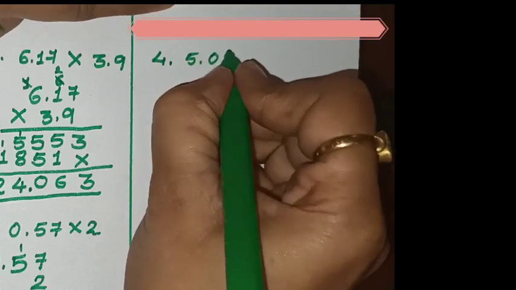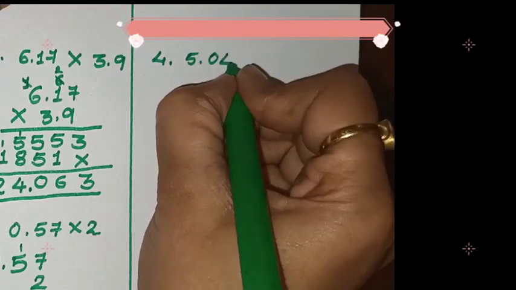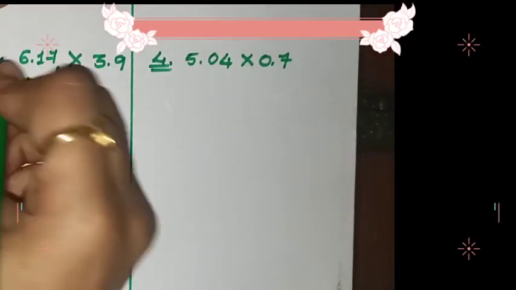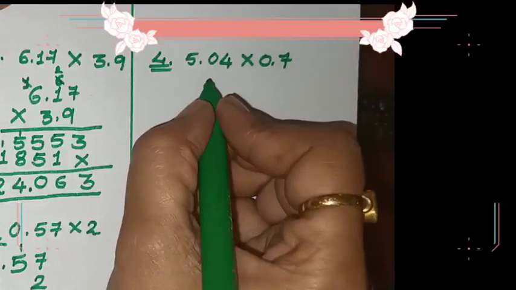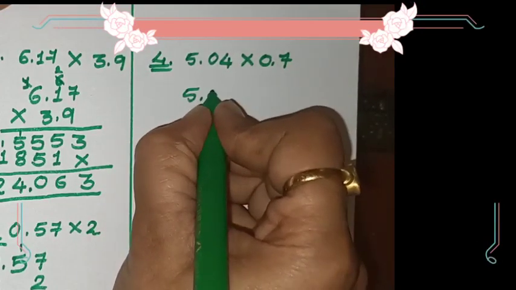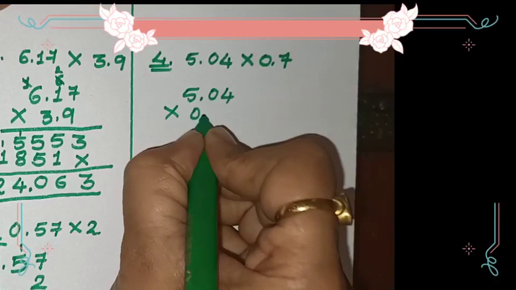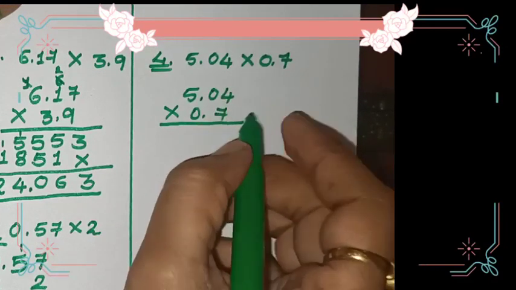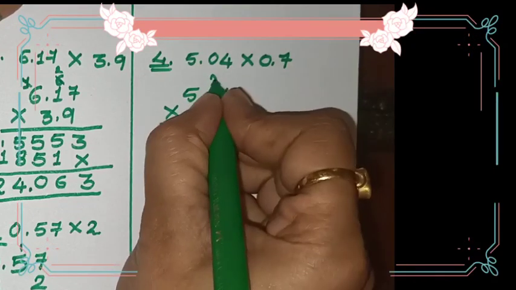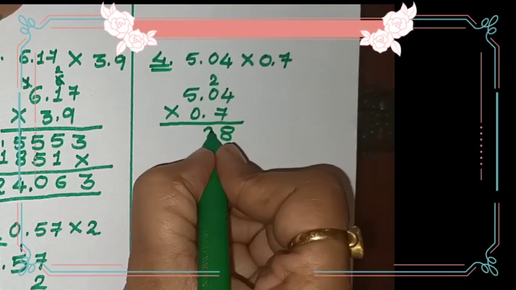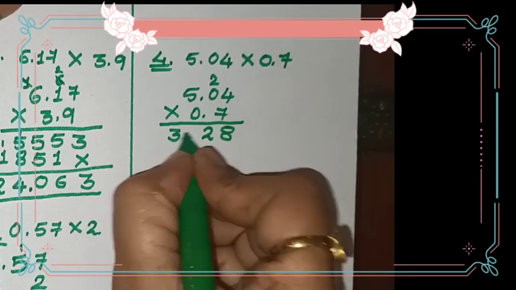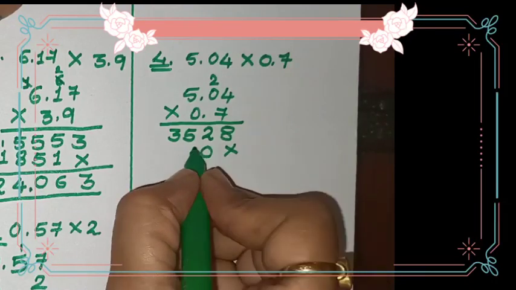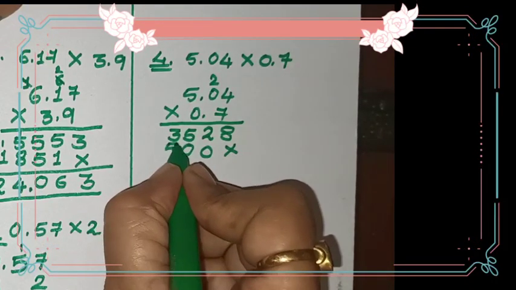5.04 multiplied by 0.7. So let us multiply 5.04 by 0.7. 7 fours are 28. 7 zeros are 0 plus 2, 2. 7 fives are 35. 0 fours are 0. 0 zeros are 0. 0 fives are 0.